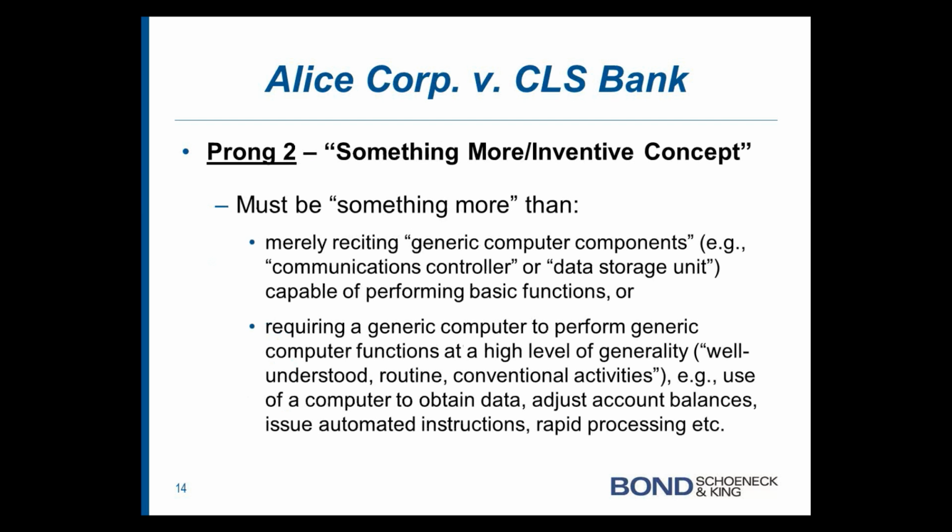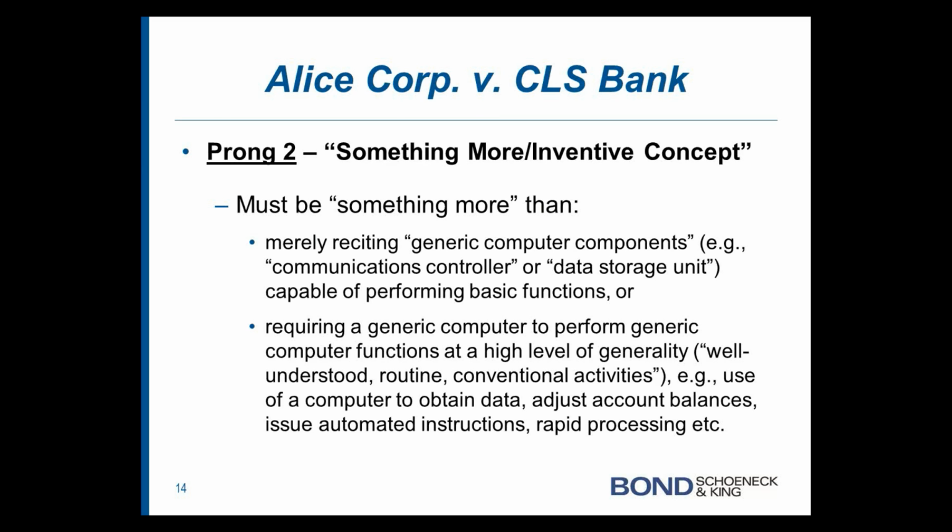Now, prong 2. Prong 2, again, is the prong that you look to if the court has determined that the claims are directed to an abstract idea. Does the claim language, the elements of the claims, add something more to make the claim patent eligible? So the court discussed you must have something more than merely reciting generic computer components.